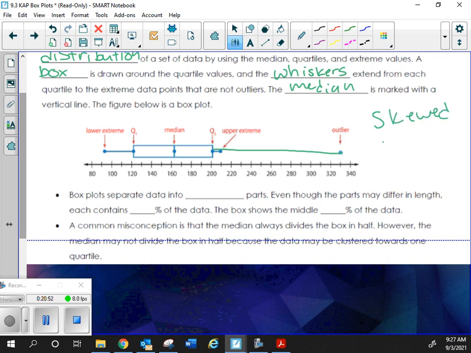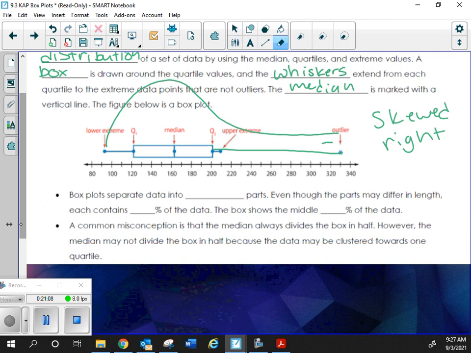Because there would be a lot of data here, and then it would sort of skew out. Don't draw that line up all over your notes, but do y'all see that? A bulk of my data would be over there, and the tail is dragged out on that right side. Very good.